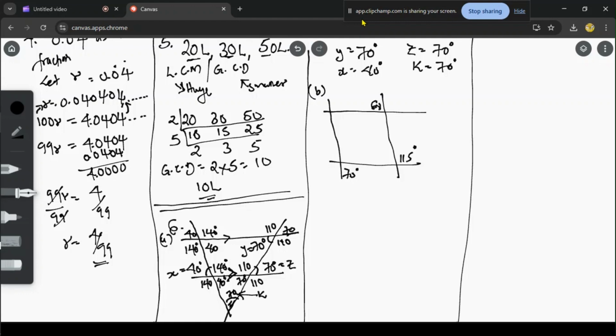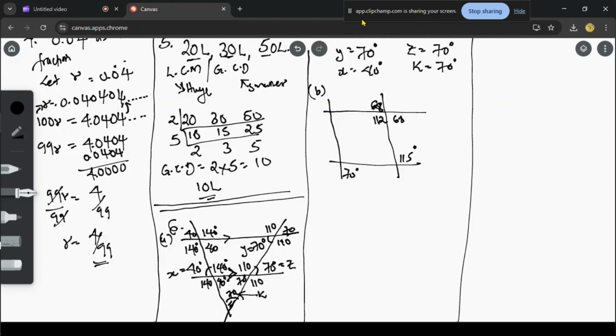Now, this one is 68. I can just begin from one point. These are angles on a straight line. This is also 68. And if these are angles on a straight line, angles on a straight line add up to 180. So I take 180 minus 68.